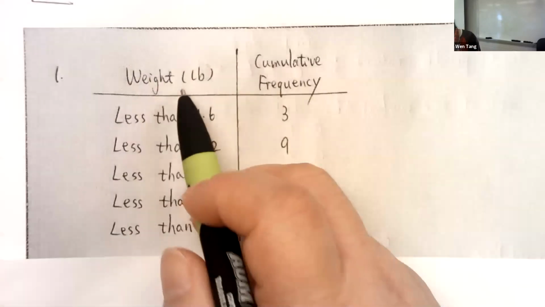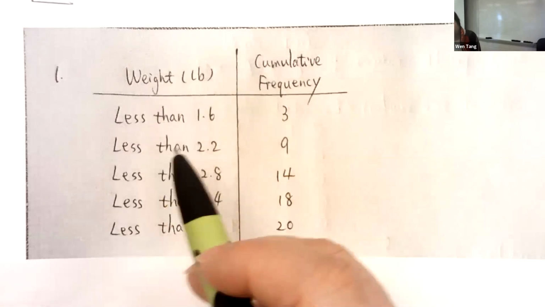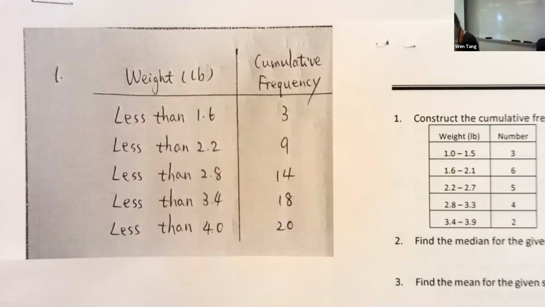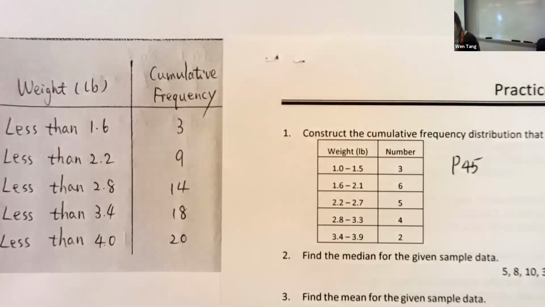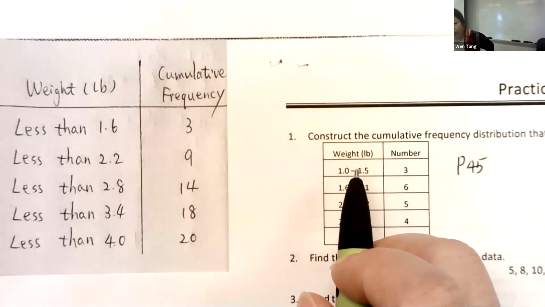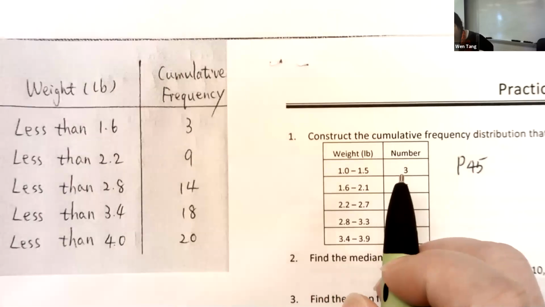But in the first column, we do not have the upper limit and lower limit. For example, the first one in the original frequency table is a range, 1.0 to 1.5.